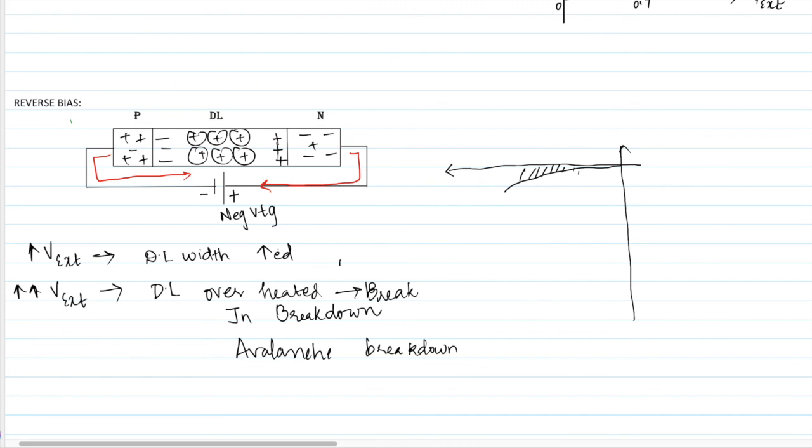So once this avalanche breakdown happens, the current will flow at a faster rate.